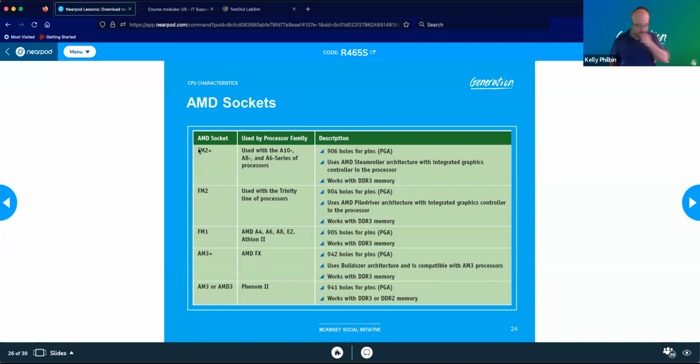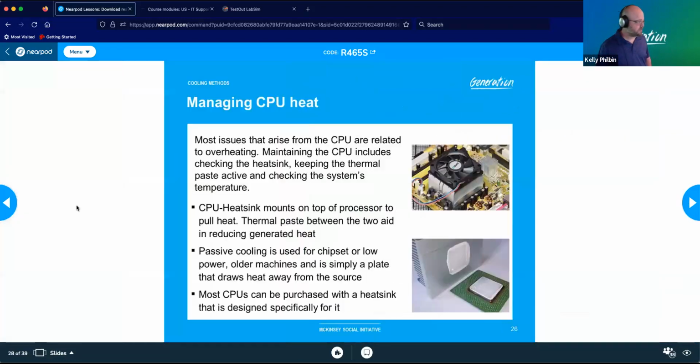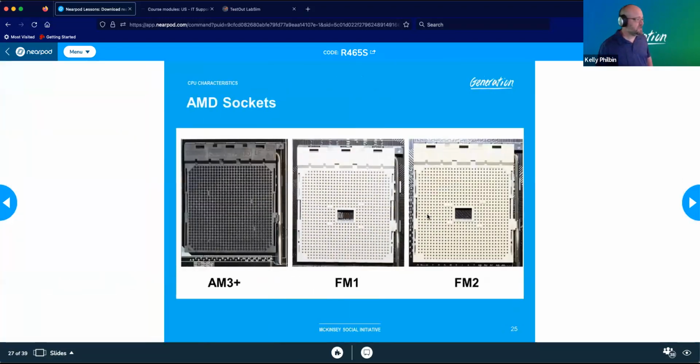All right. Then we'll take a look at some AMD sockets. Nope, too far. So here you go. Here's some AMD sockets. As you can see, it's like a flat piece of plastic, and it's got a bunch of little pins sticking in there.